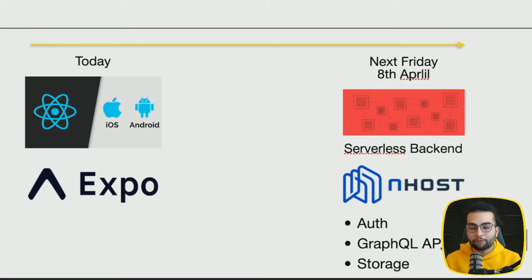We're going to implement a GraphQL API, a real-time GraphQL API, which is going to be very performant. And also we're going to implement the storage, where to store all the images for our pins. But more on that in the next episode, which is going to happen next Friday, 8th of April, at the same time as today.